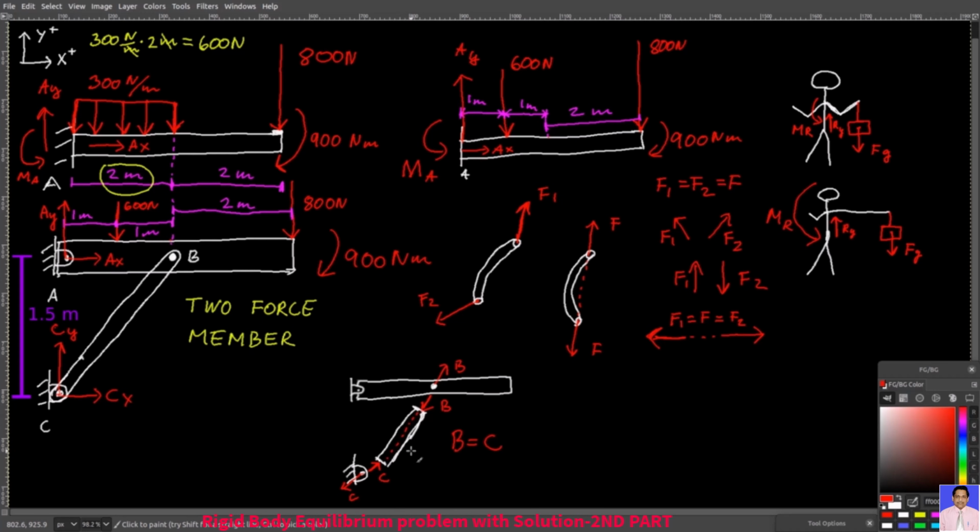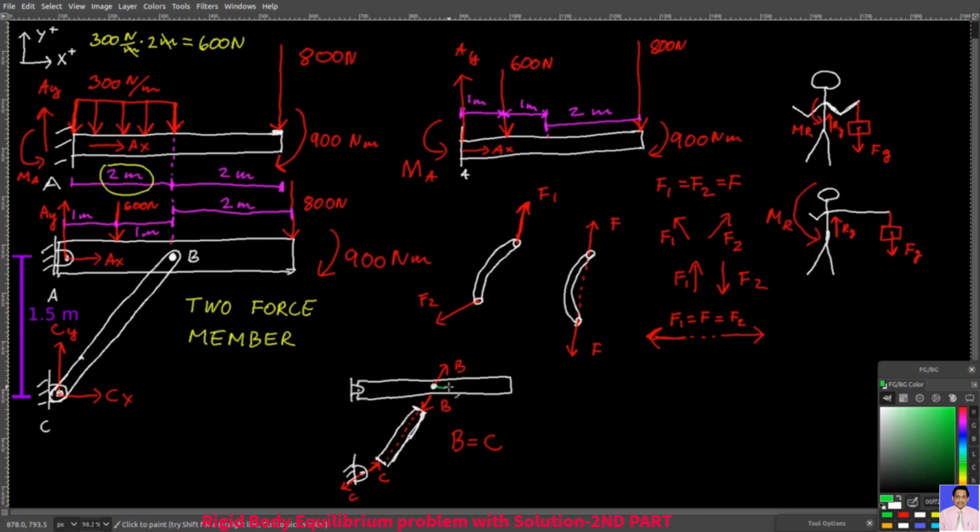Due to Newton's third law, the beam will also experience the force B at pin B. It will have the same magnitude, and it will be opposite in direction to this force that is applied to member BC from above. And then also here, the member BC applies a force C to this pin at point C. And this B force will create resistance to rotation for the beam.